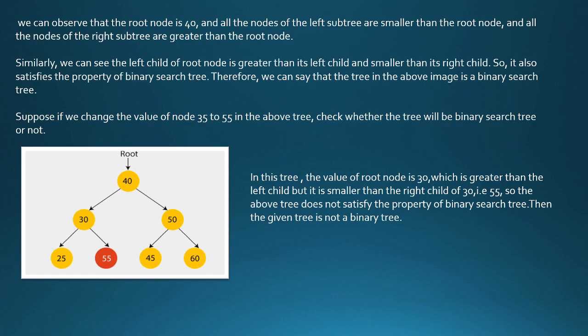Here 55 is greater than the parent node 40, so it goes to the right side of the parent node and becomes the right subtree of the root node 50. Why? Because 55 is greater than 40 and greater than 50. So according to the rule of the BST, the greater number should go to the right side of the parent node. So the 55 goes to the right side of the parent node 40 and to the right of the 50.